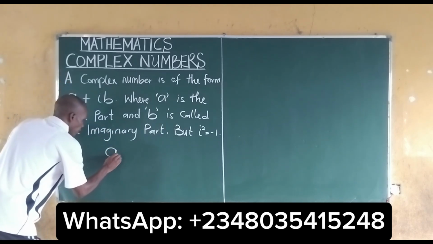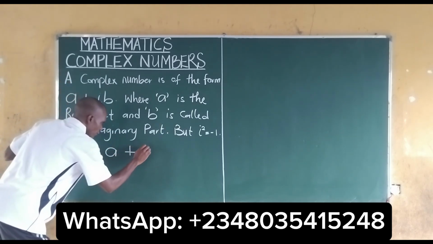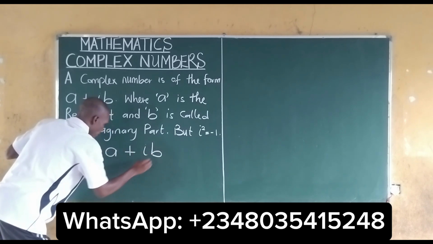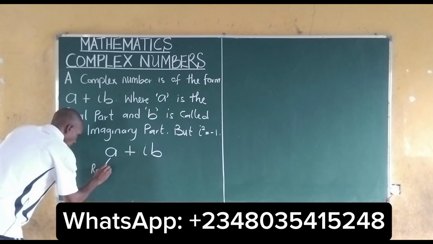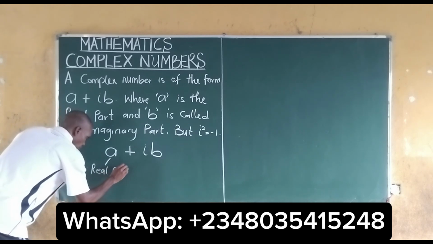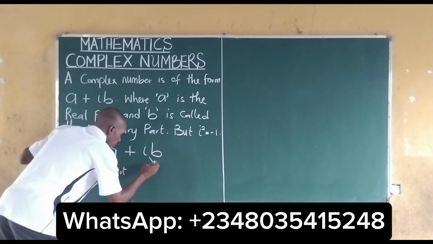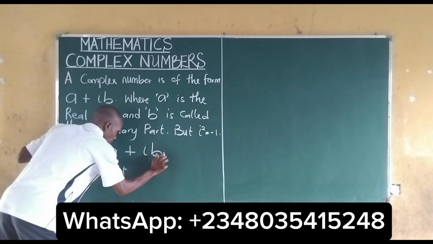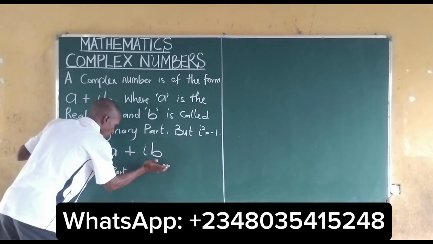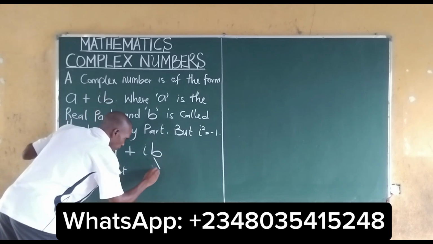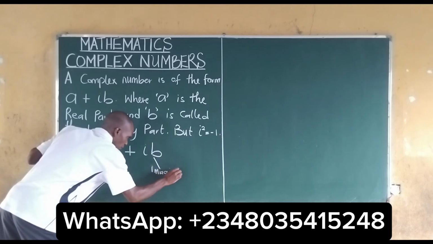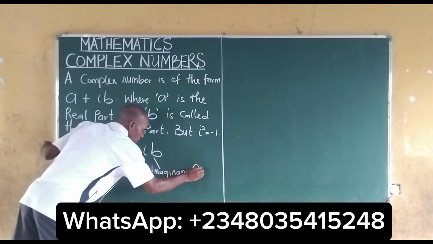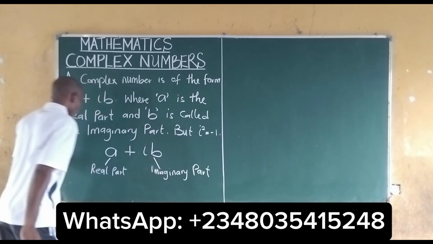If the complex number is written like this, a plus ib, this is the real part and this is the imaginary part of the complex number.